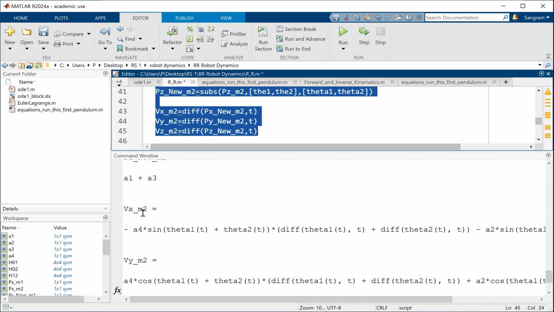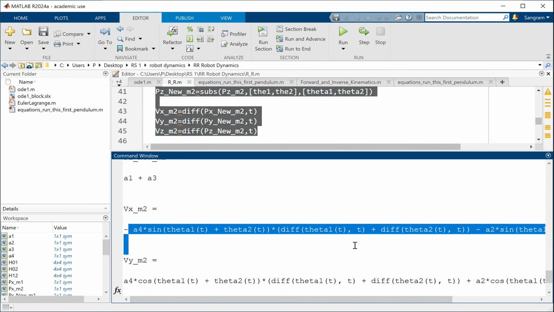for Vxm2. This is a long expression, and I want you to note in this expression, you have minus A4 sine theta 1 plus theta 2, and you have this term, which is this theta 1 t comma t, which is nothing but theta 1 dot. Same thing, you have this theta 2 comma t, which is theta 2 dot.